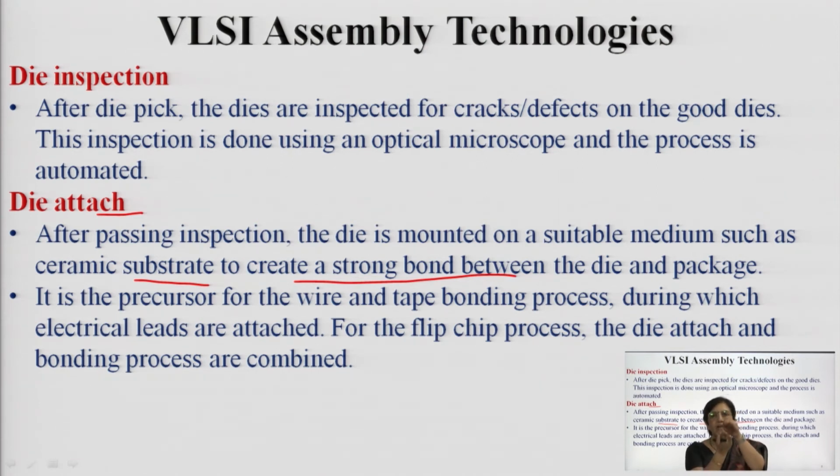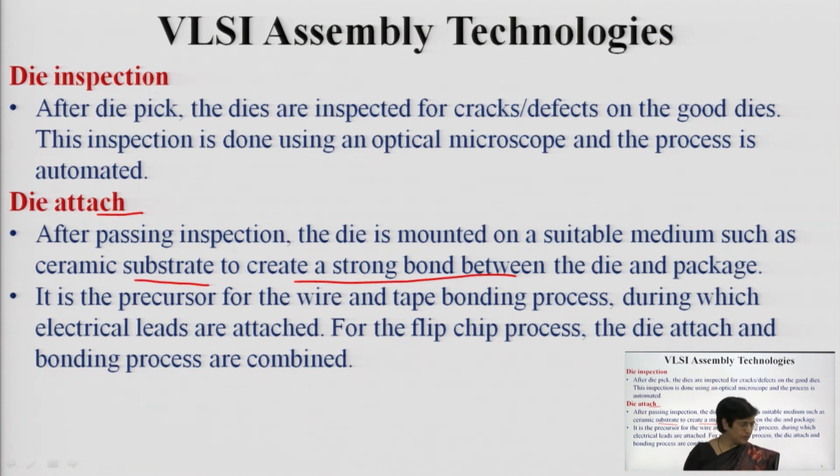So first it is attached to a mounting medium. Now this mounting medium is generally ceramic or some other specific material. That material can be conducting or non-conducting. This is basically a precursor for the wire bonding process, during which electrical leads are then attached.